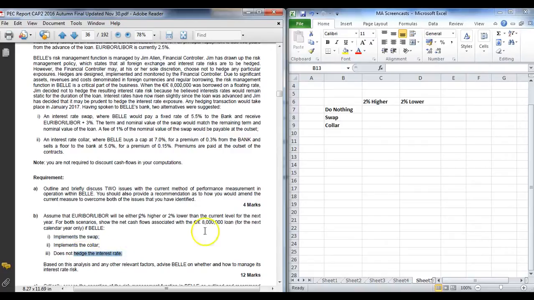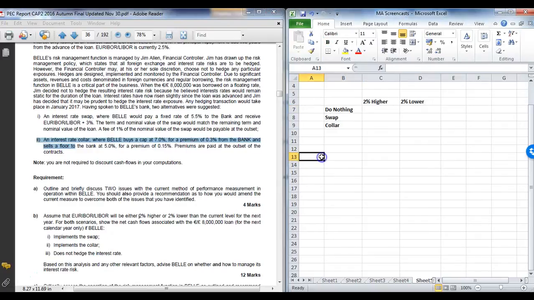So my advice is start with the easy one, which is typically the do nothing one. Then do the second hardest one, which I think is the interest rate collar. And finally, do the hardest one, which is the swap. That's the logic of that being that if you do get caught out and you don't get the swap finished, it's not the end of the world, and it won't have a domino effect on the rest of the question.